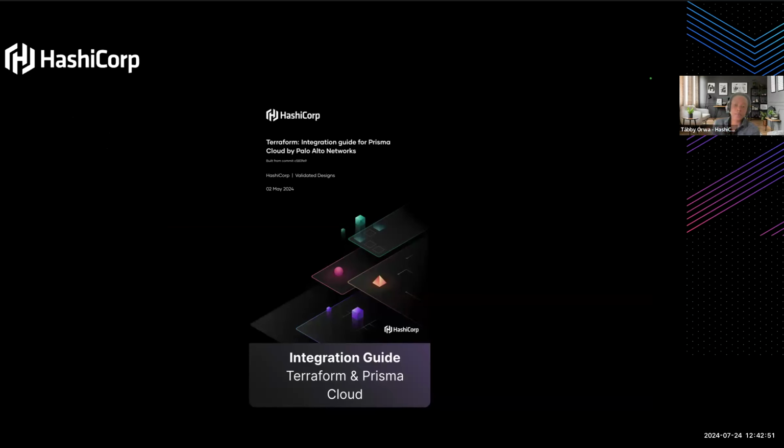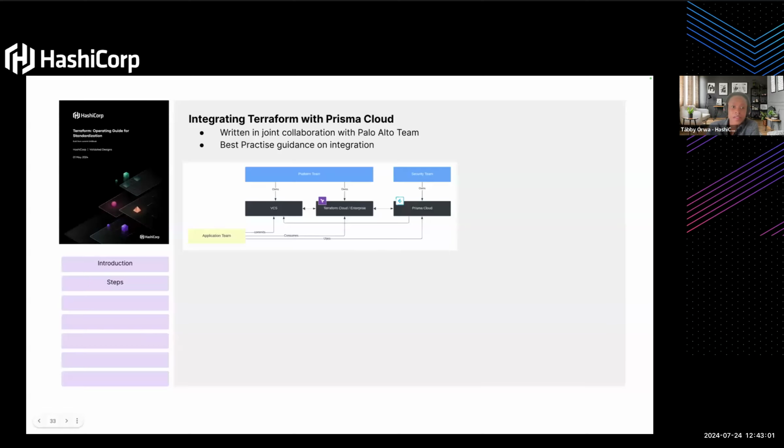Okay, let's talk about the integration guide for Prisma Cloud by Palo Alto and Terraform. So the Prisma Cloud Runtime integration embeds Prisma's library of security policies in every workflow run.